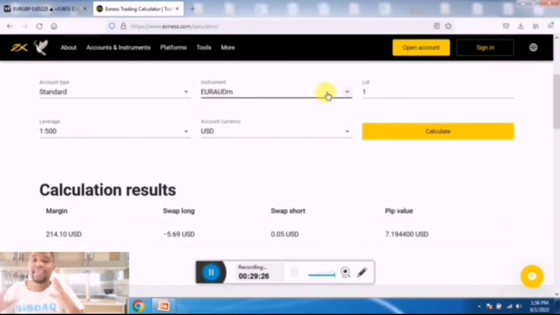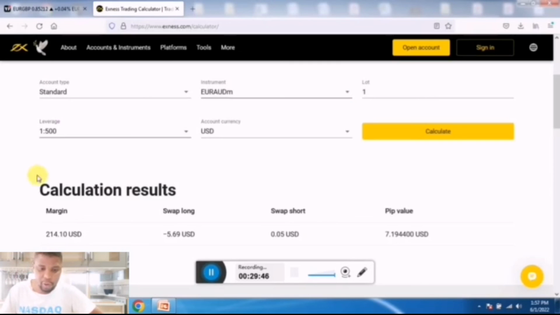You see that these change because these ones are cross pairs. The base currency is the euro and the code currency is the Australian dollar. So now the PIP value is lower than the ones that are quoted with the US dollar.